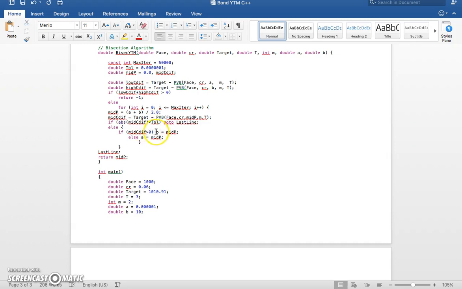So if that were the case, then B should drop back to the midpoint. In that instance, the new B should go down to 500, and that would go back into A and B again, and the average of those two of 0 plus 500 would be 250. When you put a 250% interest rate in here, still a very high rate of interest, it pushes down the present value of the bond very low, target value too high, and we'd keep going through the loop.